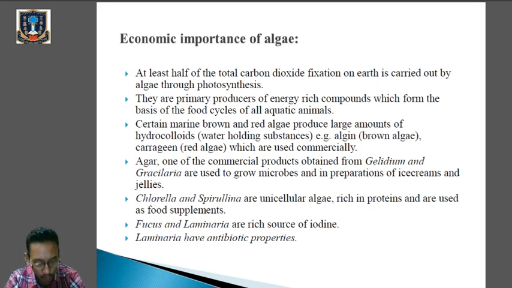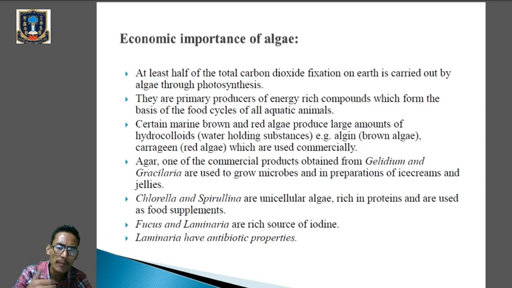Since they bear chlorophyll, they perform photosynthesis, so they are involved in carbon dioxide fixation. Clear? Second importance, they are the primary producers of energy rich compounds which form the basis of food cycles of all the aquatic animals.